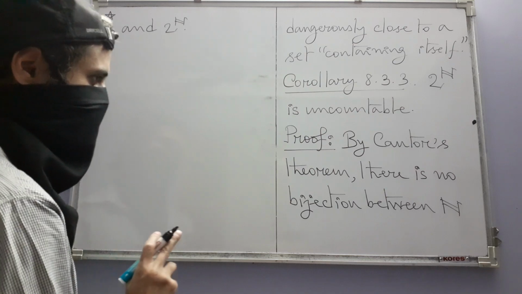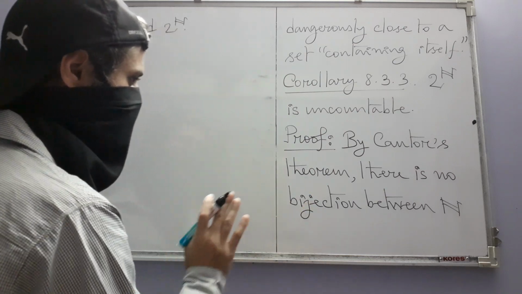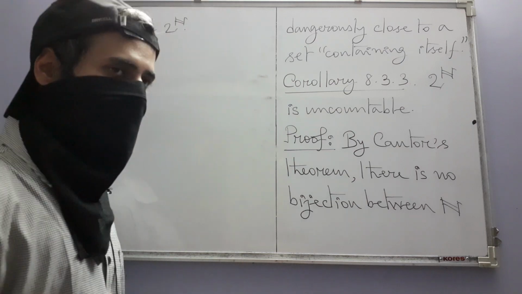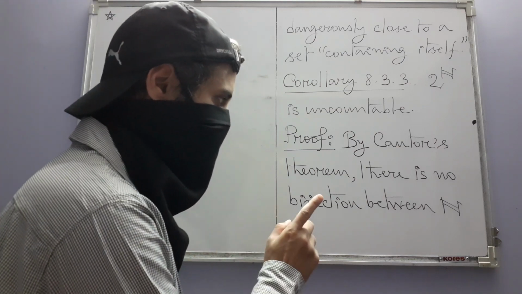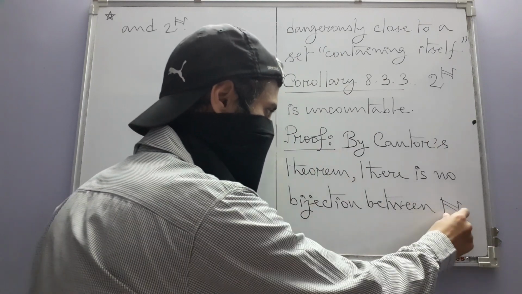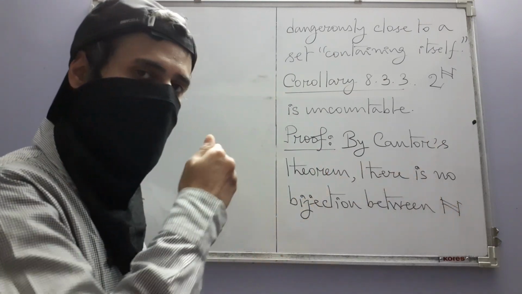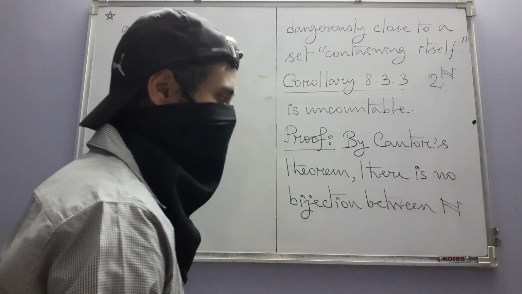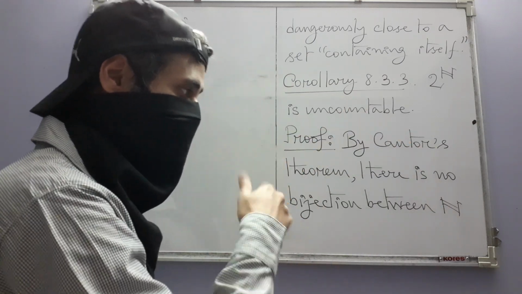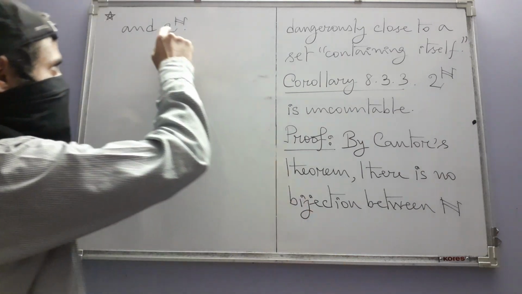So by Cantor's theorem, there is no bijection between these two sets, which means what? You see, by definition, a set is countable if there is a bijection between that set and this set. Now here we have the statement that there is no bijection between N and its power set.